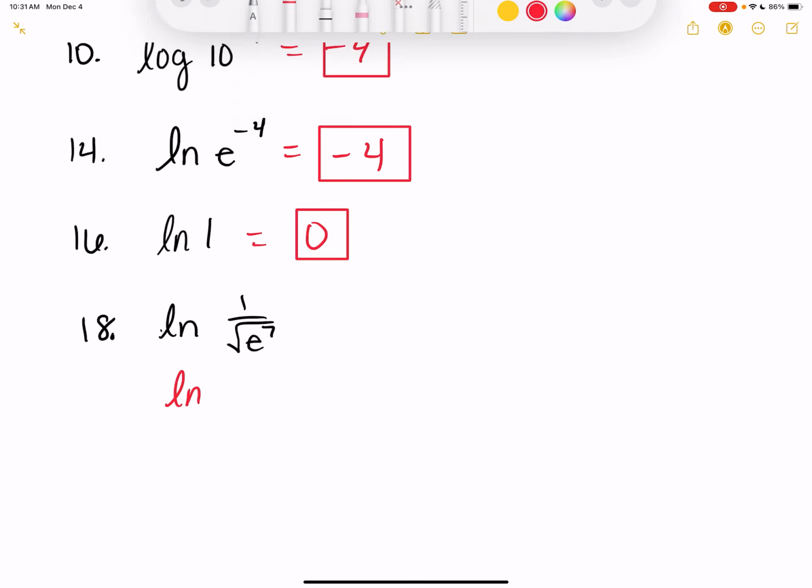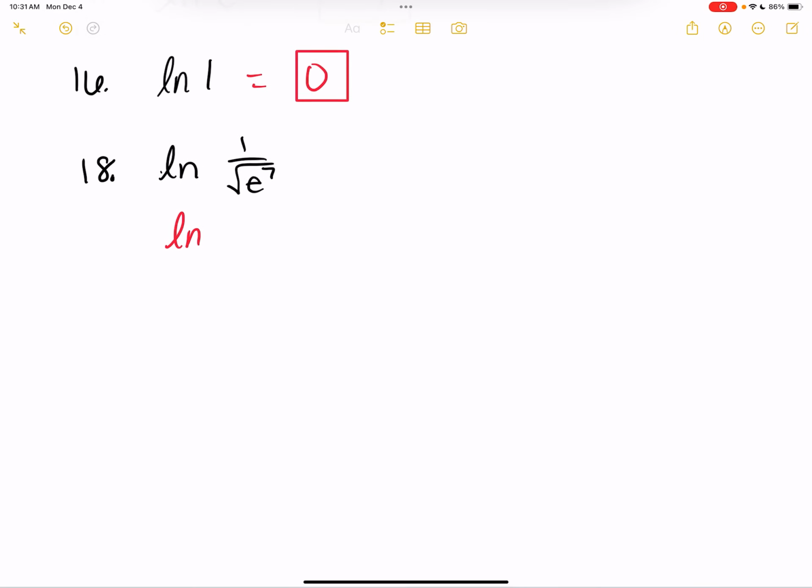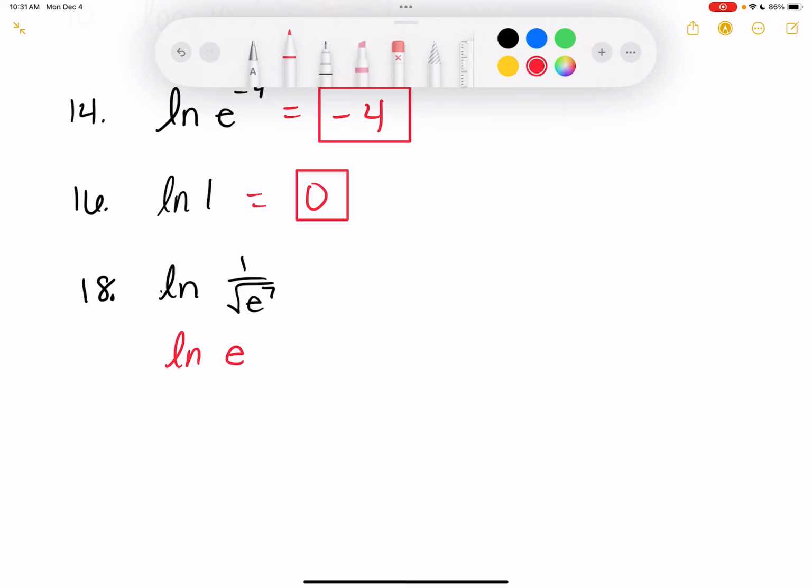So ln of e to the negative 7 over 2. Okay, because inside the radical, that means I've got to have a 1/2. It's negative because I need to move it to the top, and then it was raised to the 7th power, so that's where the negative 7 over 2 comes from. So, what is this equal to? Negative 7 over 2. Yeah. Negative 7 over 2.